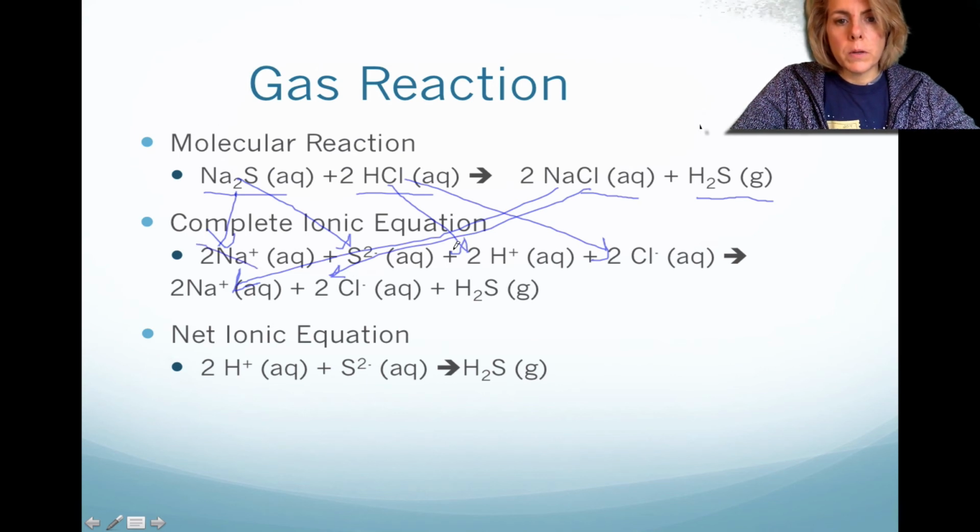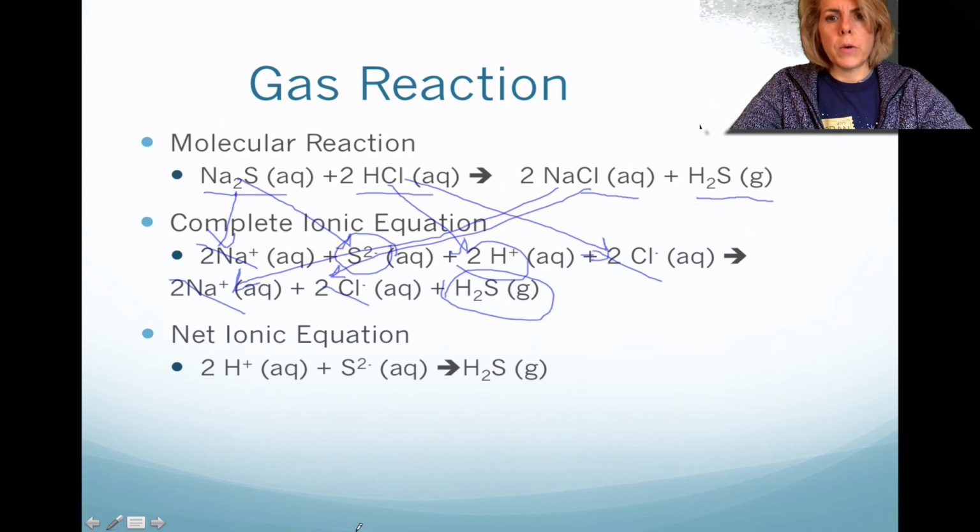So sodium appears on both sides, and chlorine appears on both sides. So that overall I have 2 hydrogen, a sulfur, sorry I'm getting a little messy here, and hydrogen sulfide. So that is the net ionic equation.